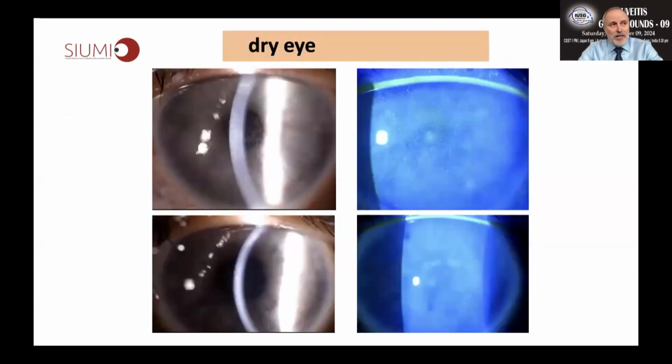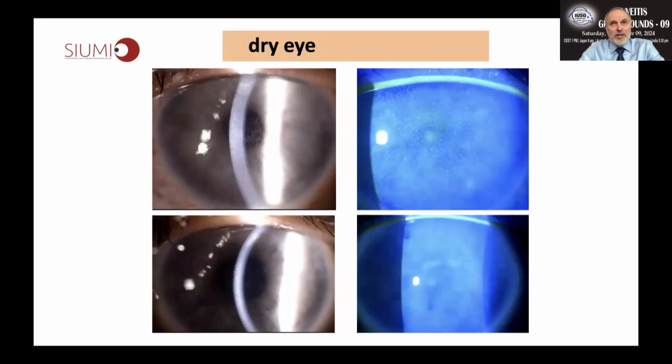It's very important to consider the possibility of dry eye in these patients, because dry eye can be due either to the chronic topical therapy with corticosteroids or antivirals, as in these cases, where it was unfortunately a young ophthalmologist with herpetic uveitis, and also to the presence, for instance, of a bleb or any filtering procedure.